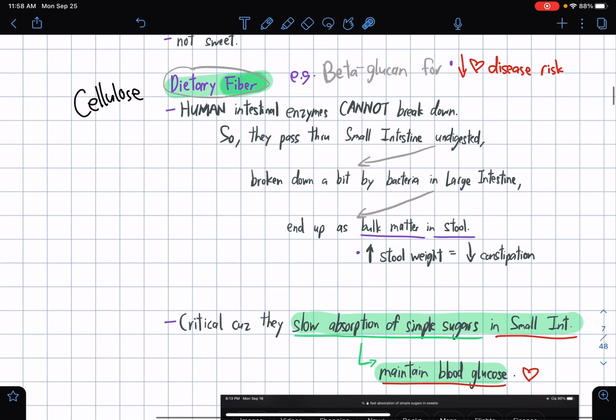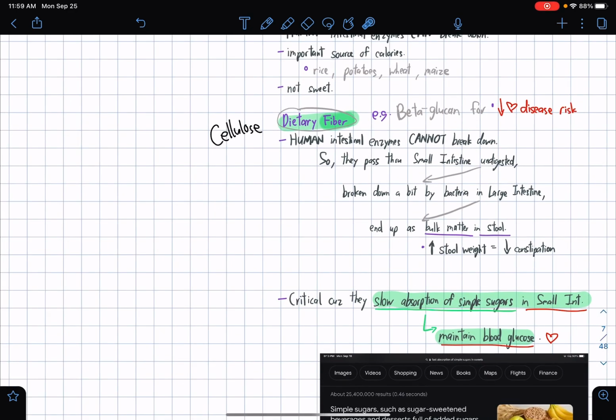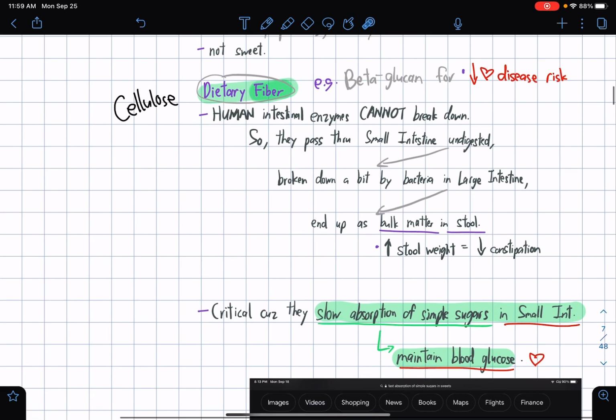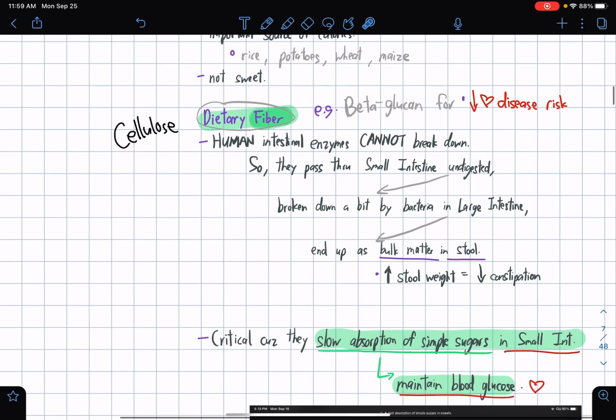So it also in turn maintains blood glucose. So there are three advantages given by dietary fiber. We are blessed to not have the digestive enzyme to transform dietary fiber normally.